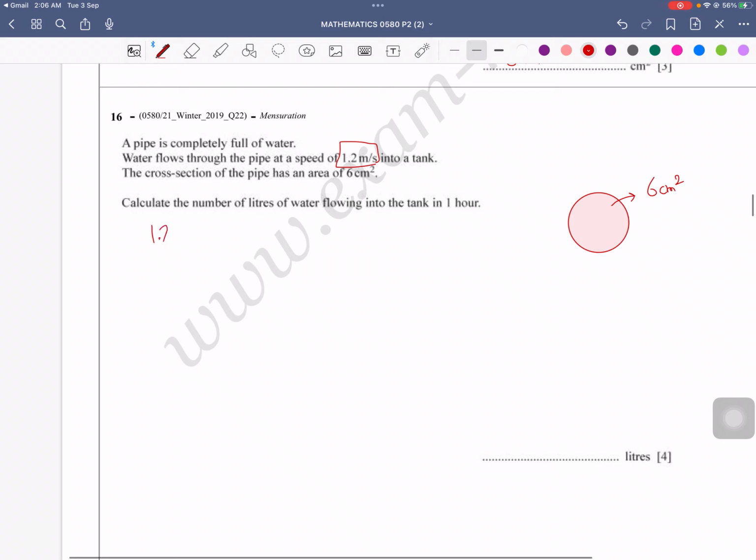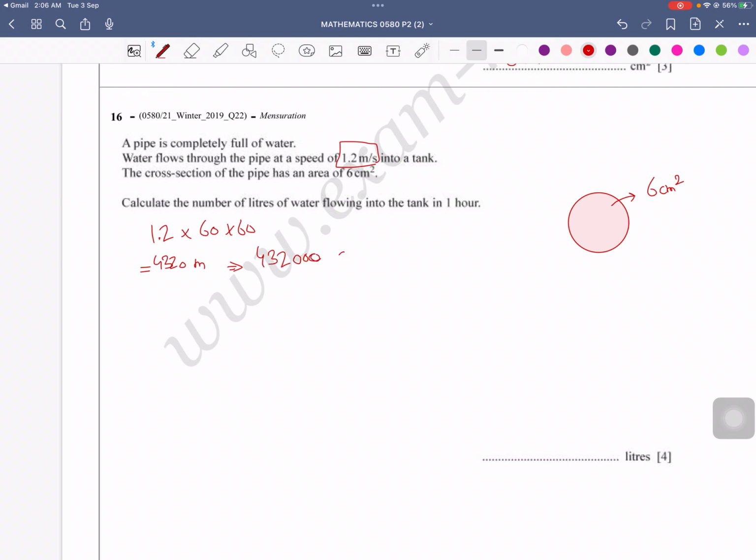So 1.2 can go, this is basic conversion, in meters. So this is how many meters of water can go. If I convert it to centimeters, it would be this.